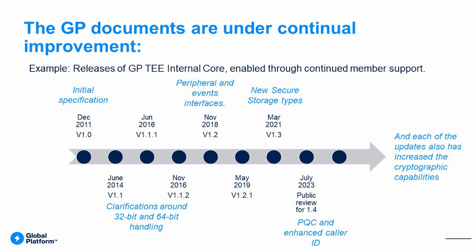2021 brought some new secure storage types, and the latest work has been adding into the post-quantum space. In the APIs, interfacing to cryptography is done via some namespace allocations, number space allocations.